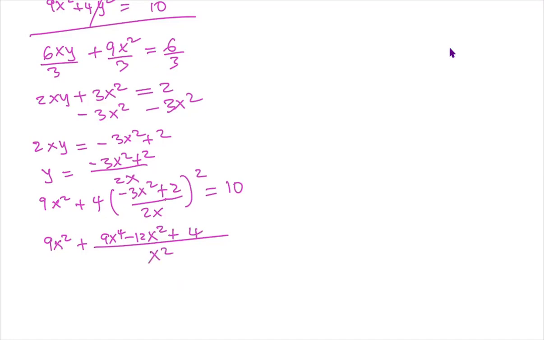The 2 squared cancels with the 4, so that's why I'm just left with x squared, and I'll just expand the top expression by FOIL, and that equals 10.